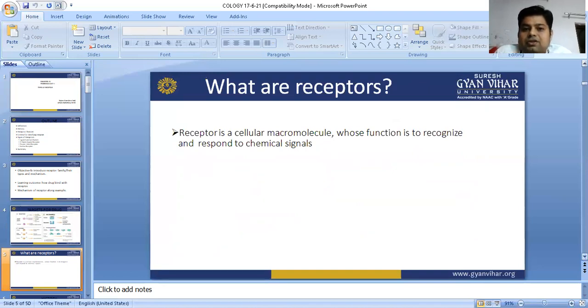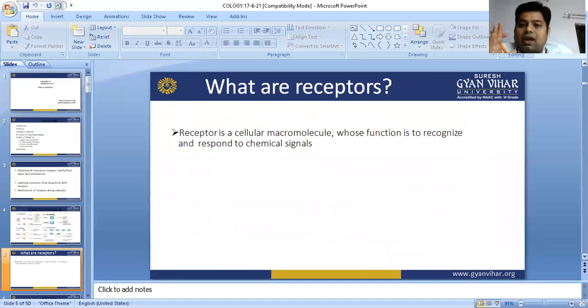Now, what is the definition of receptor? We have discussed receptors, so we should know the definition of receptors. Receptor is a cellular macromolecule whose function is to recognize and respond to chemical signals. It is a very simple definition. Receptors are cellular macromolecules whose function is to recognize and respond to a chemical signal.